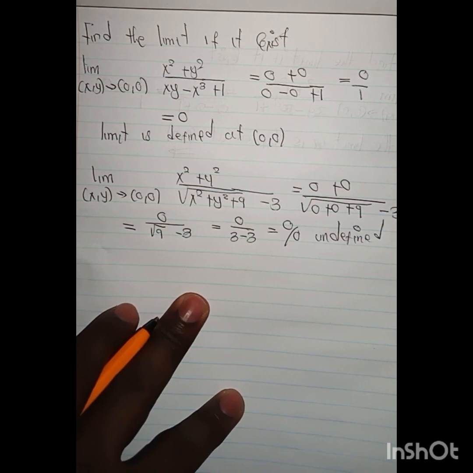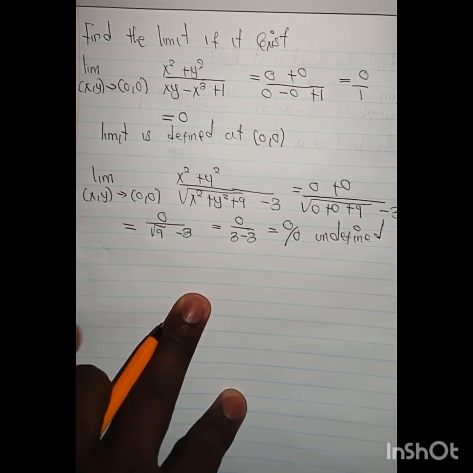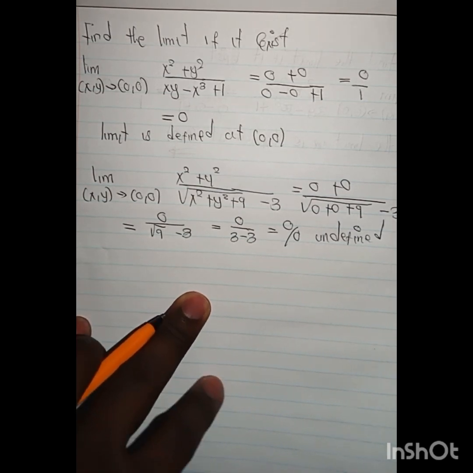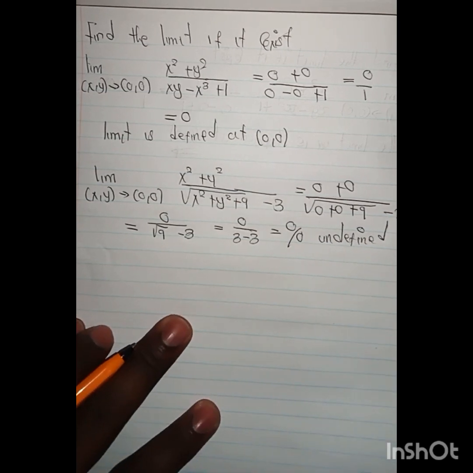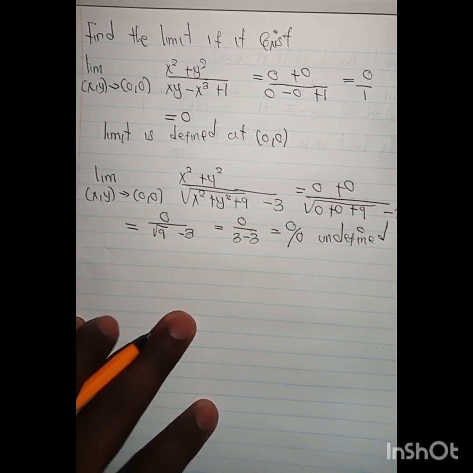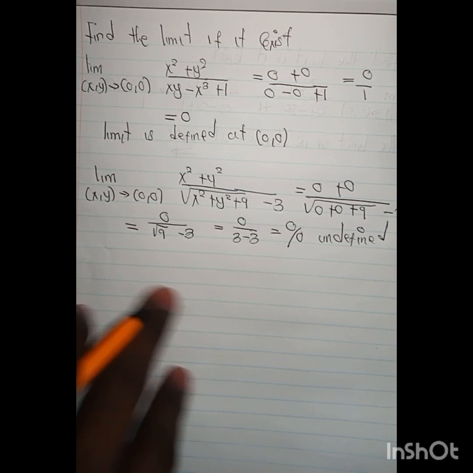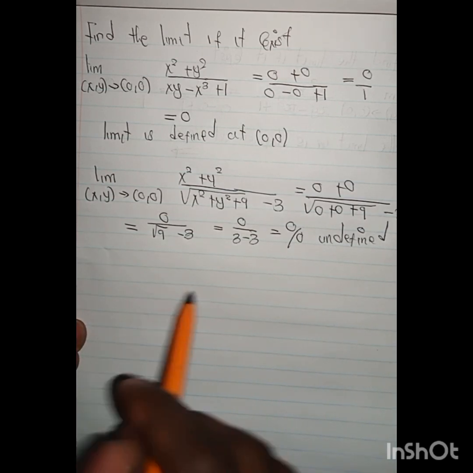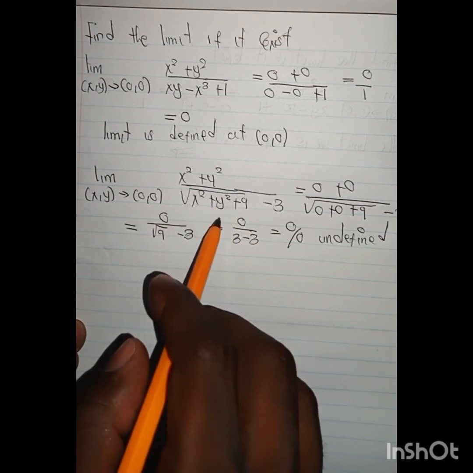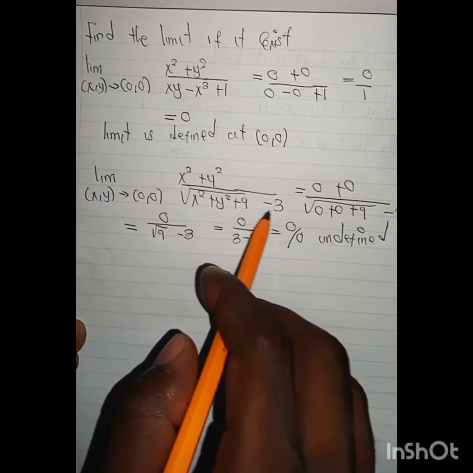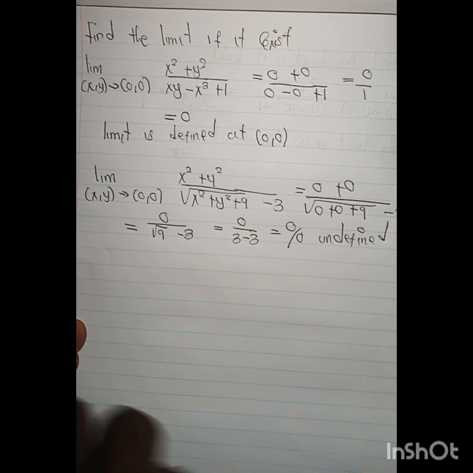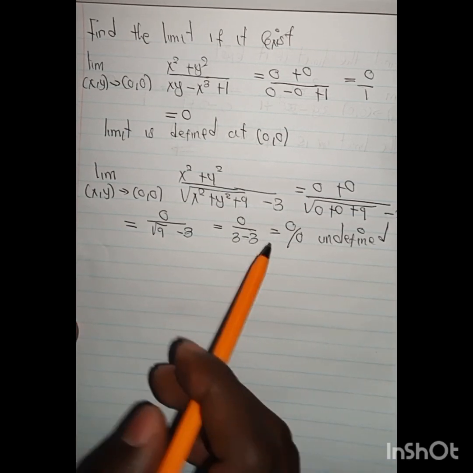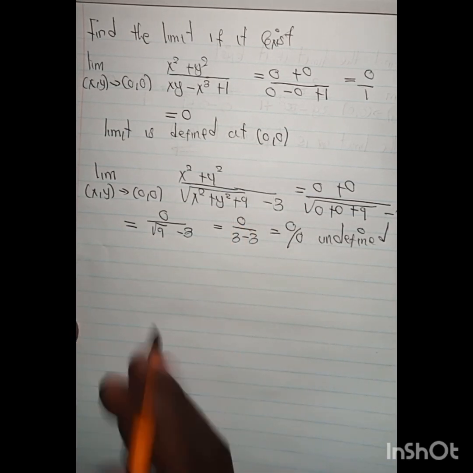And bear in mind that 0 over 0 is undefined. So if you have a limit of which the direct substitution gives us undefined, we are going to try to solve the problem using a different way. When we check here, we have the square root of x squared plus y squared plus 9 minus 3. It means we are going to multiply this function by the conjugate.